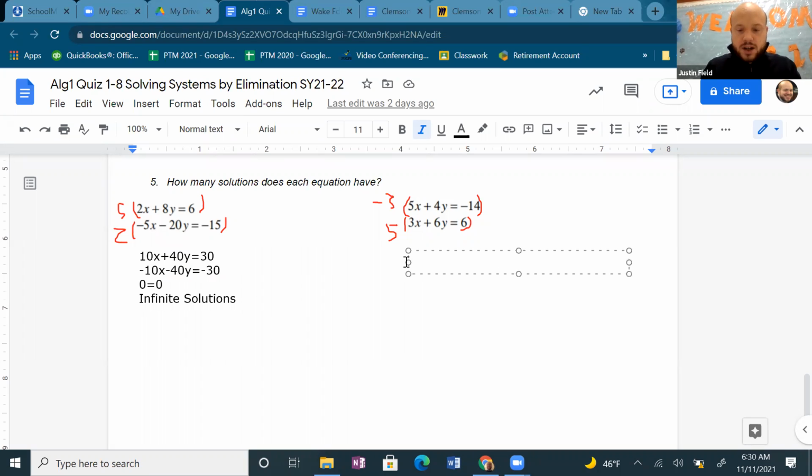Now let's do the other one. Negative 15x minus 12y equals 30, and then 12 is 42. 15x plus 30y equals 30. X's cancel, the y's don't cancel. No problem there.